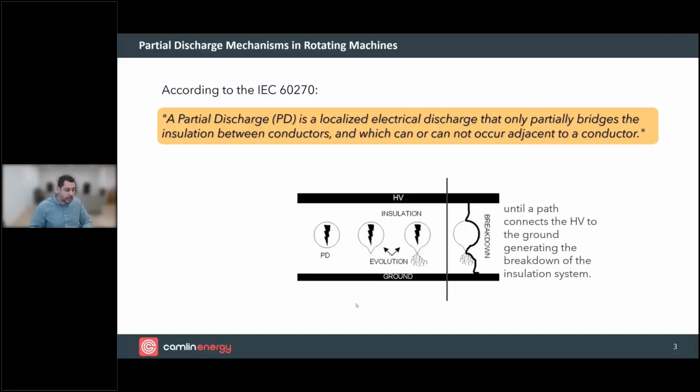So when you have a system disturbance or even just potentially under normal operating conditions, this defect makes it so that you can no longer sustain the voltage between the high voltage and the grounded conductor, and we have a breakdown or failure. So partial discharges are an early warning. If we can detect them in the very early stages, then we have the option to take interventions and prevent something like an in-service failure from occurring.